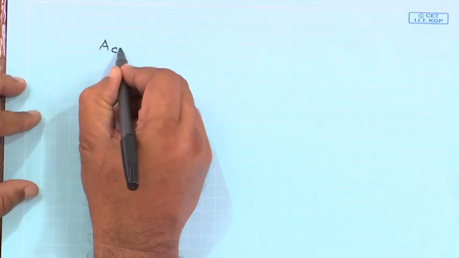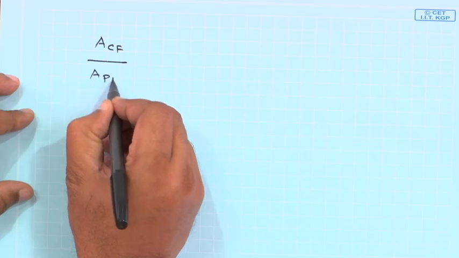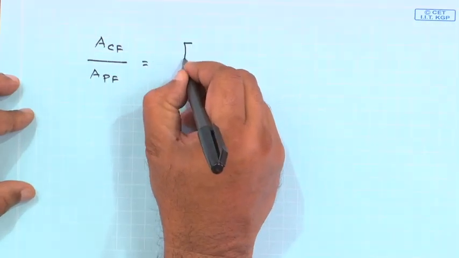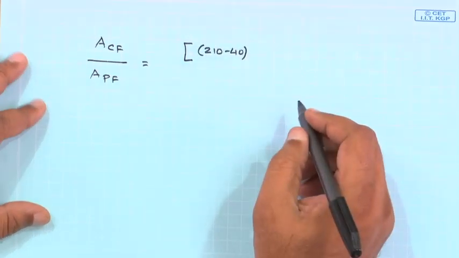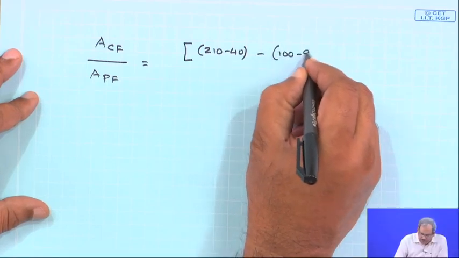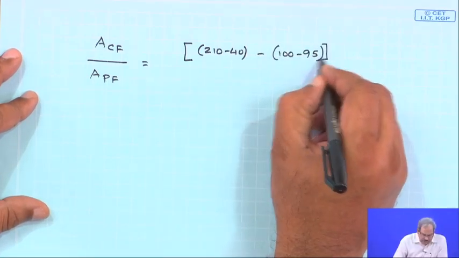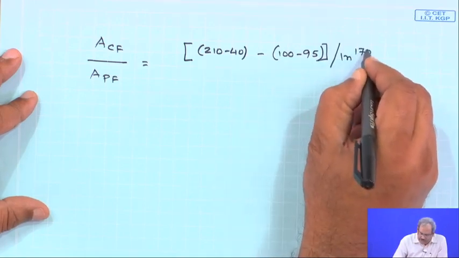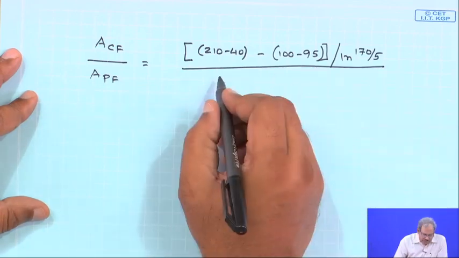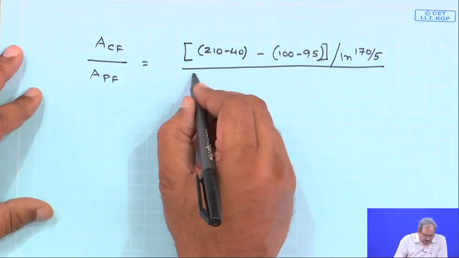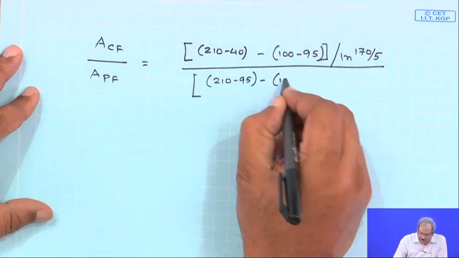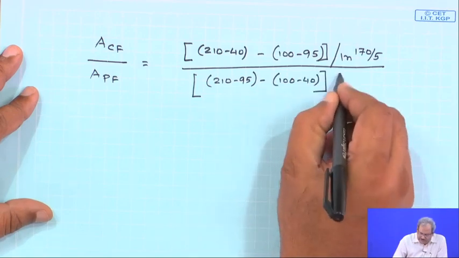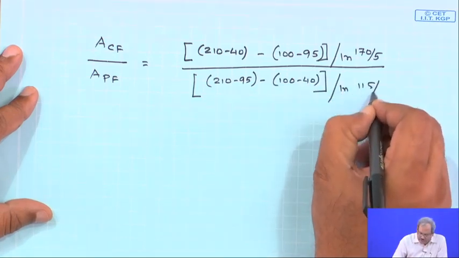So, to write this, the area required for counter flow divided by the area required for parallel flow would simply be the log mean temperature difference for the case of parallel flow, which is delta T2 minus delta T1 divided by ln 170 by 5, and for the case of counter flow, the LMTD for the counter flow would be 210 minus 95 minus of 100 minus 40, divided by ln 115 by 60.